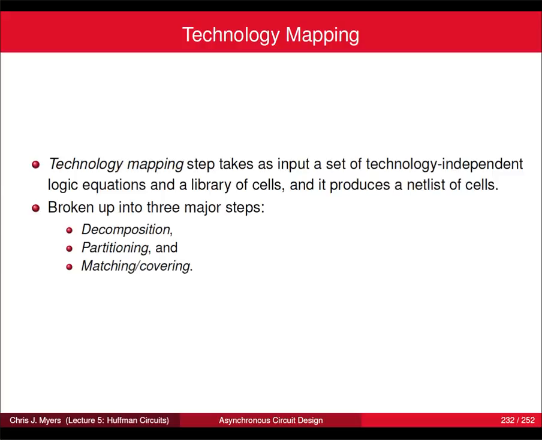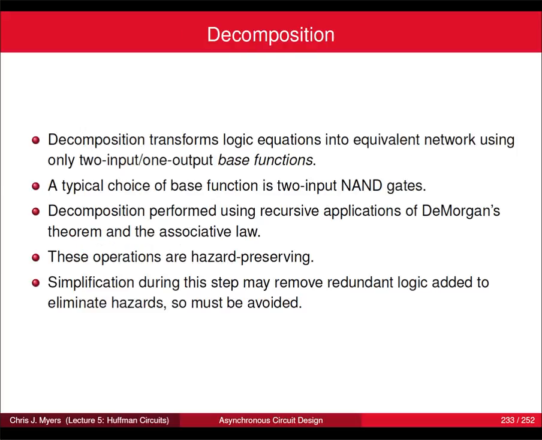That's technology mapping. So technology mapping is usually broken down into 3 steps: decomposition, partitioning, and matching and covering. So decomposition transforms the logic equations into an equivalent network using only 2-input, 1-output base functions. So in order to figure out how to map your function, it's convenient to put your logic into a canonical form.